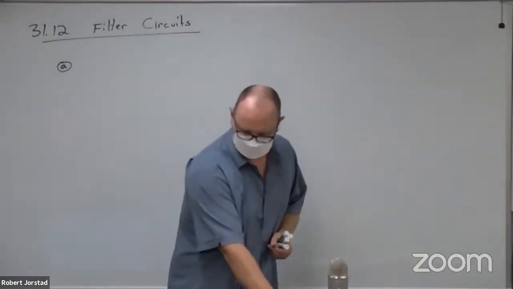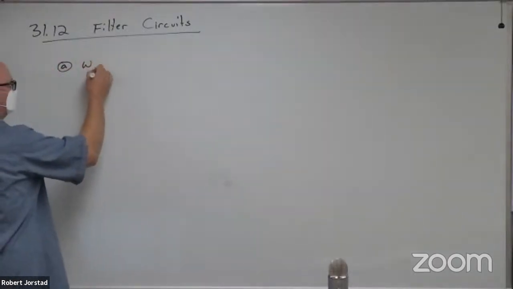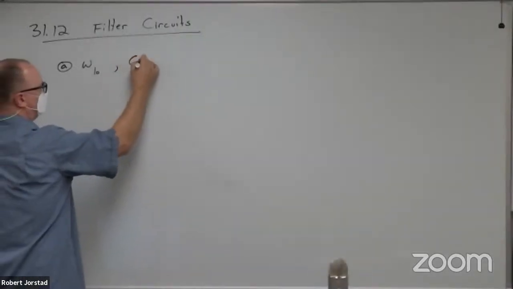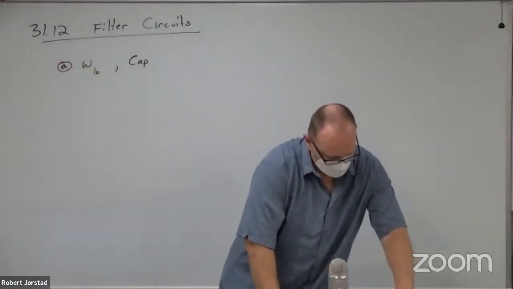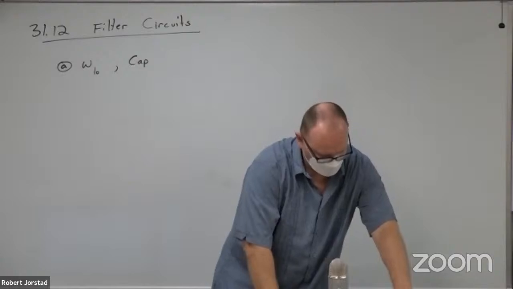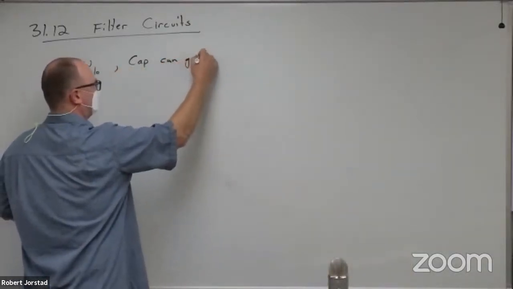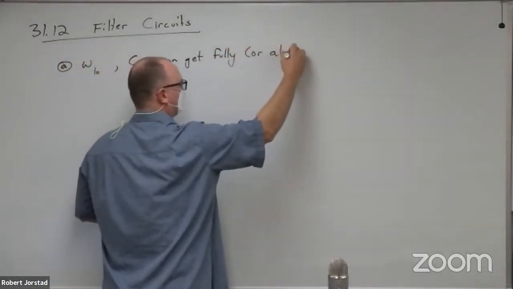So part A. At low frequency. What's that? Oh, thank you. Wrong board. My bad. Part A. Is that better? Yes. Thank you. If you're at a low omega, the capacitor has time to get fully charged, or almost fully.